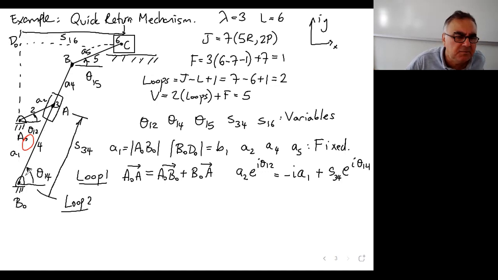Or I can write the large loop equation, for example, B0B plus BC is equal to B0D0 and D0C. This example is from your book, so let me replicate it.